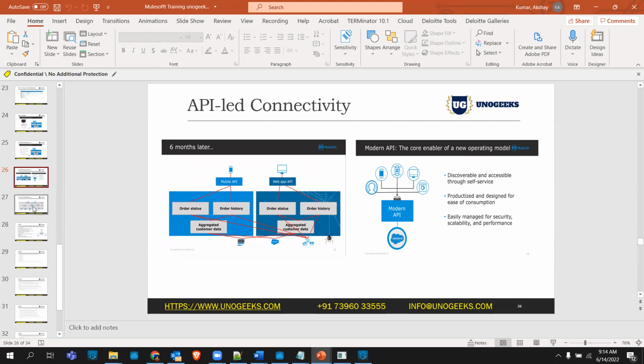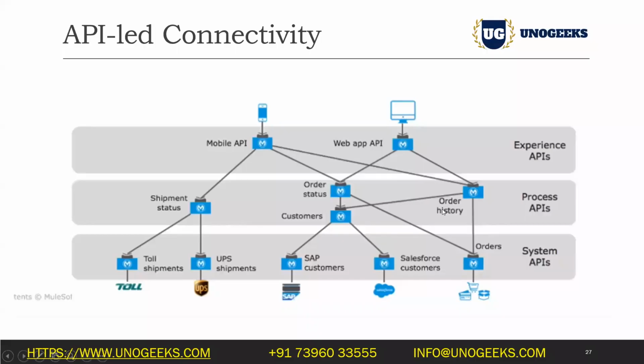Suppose you have all this system in place. You created some system APIs, some process APIs, some experience APIs. But this was created by you, and you left the organization after 6 months. Some new people will come, and they will be asked to develop an API which uses a smartwatch, and they want to provide information from the SAP customers.